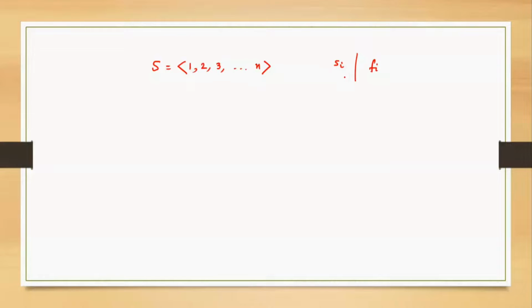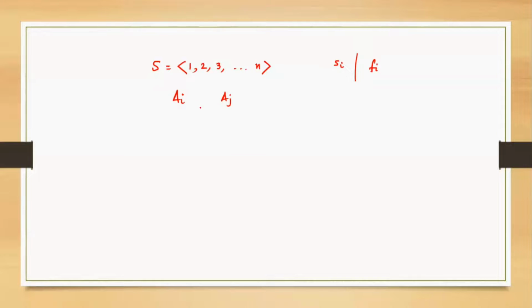From the given set of activities, activity Ai, that is the ith activity, and activity Aj, the jth activity, are non-interfering activities if and only if their start and finish times do not overlap.